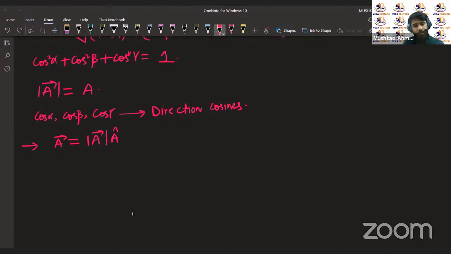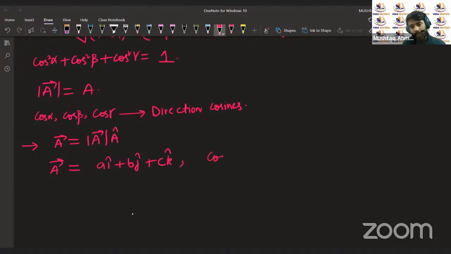Let's suppose this is the vector A, and the magnitude of this vector A is represented by modulus of A. And let's suppose we have vector A equal to A i cap plus B j cap plus C k cap, where A is the magnitude of the X component, B is the magnitude of the Y component, C is the magnitude of the Z component along k cap.